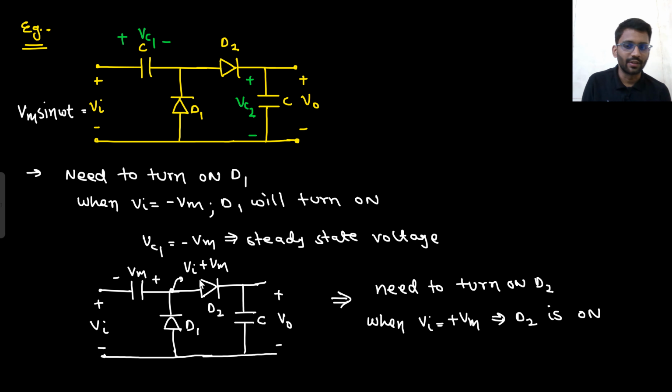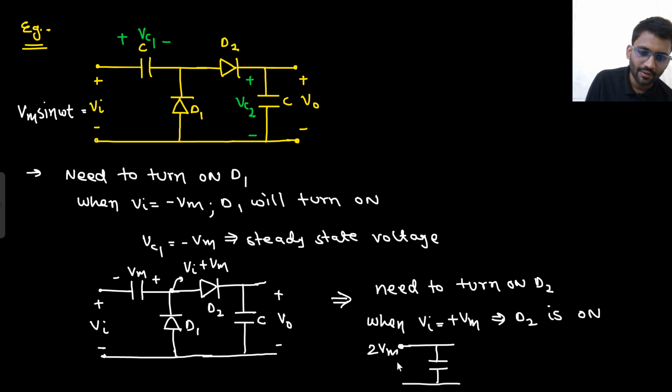And if D2 is on, when Vin is equal to plus Vm, here you are having 2 Vm. So now this capacitor C will be charged to 2 Vm. That's it. That's your final answer.